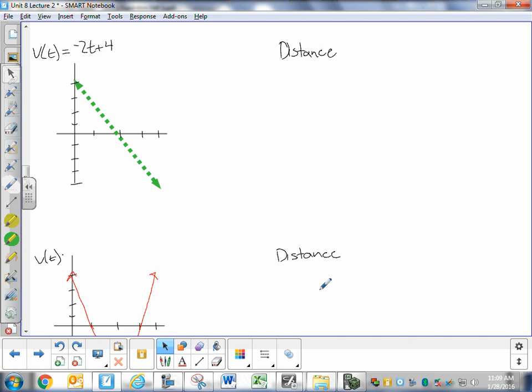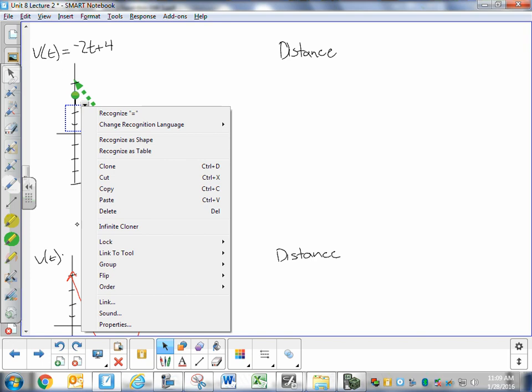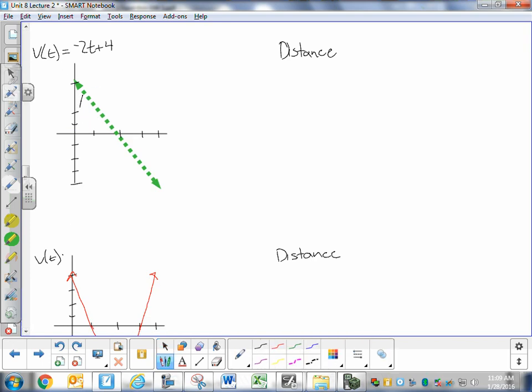Okay, remember my previous example. I had this positive displacement, which was positive 4. But then what did I do with this negative displacement? I took the absolute value and I added it, right?